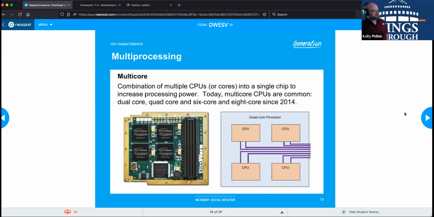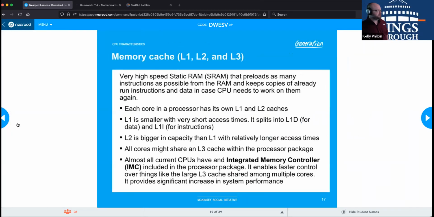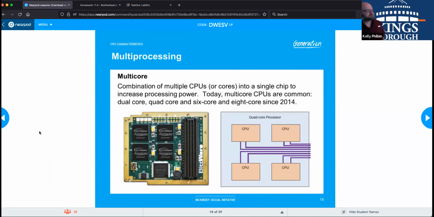All right. So now we get to talk about cache memory, which is where we store stuff while we're working on it, so we can have quick access to it. There are 3 different levels of cache memory.